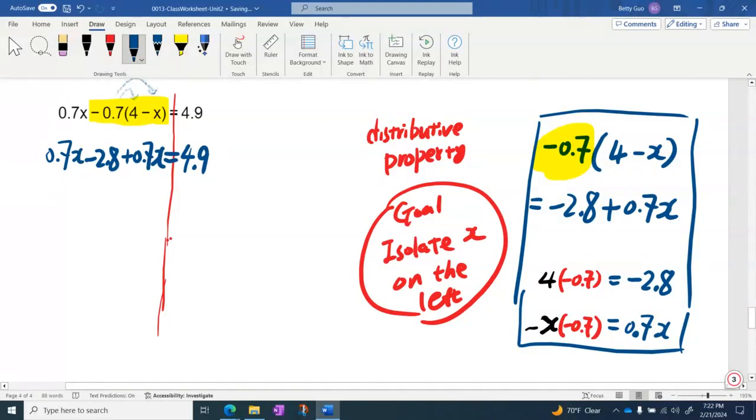Question. How many terms are in the equation at this moment?